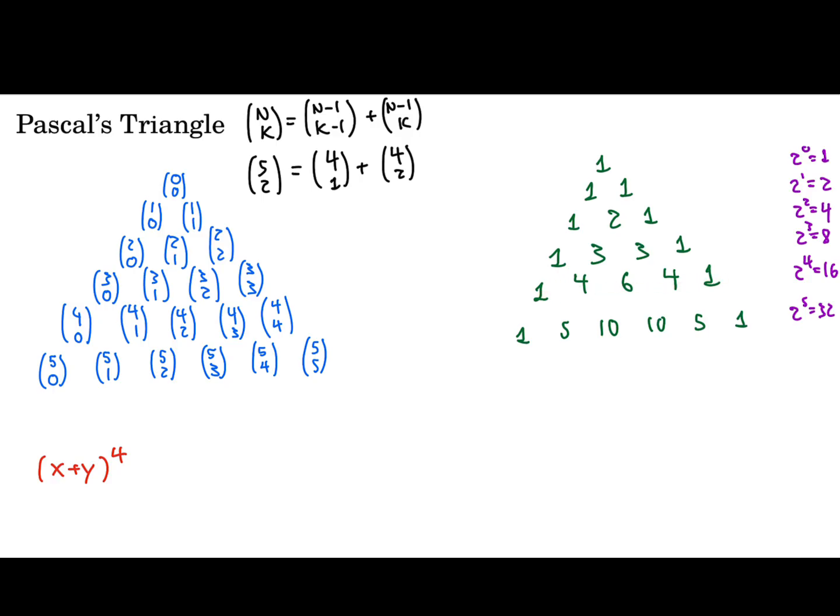And so this will be equal to x to the power of 4 plus 4 x cubed y plus 6 x squared y squared plus 4 x y cubed plus y to the power of 4. So if you want to know how you can expand x plus y to the power of n, you can just read the coefficients out from this row.